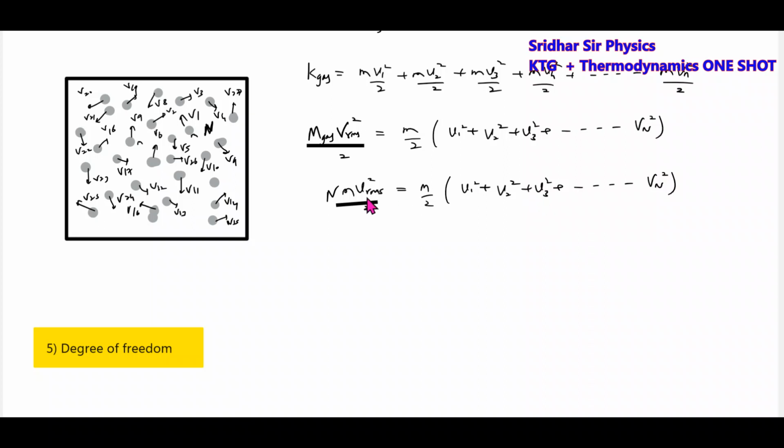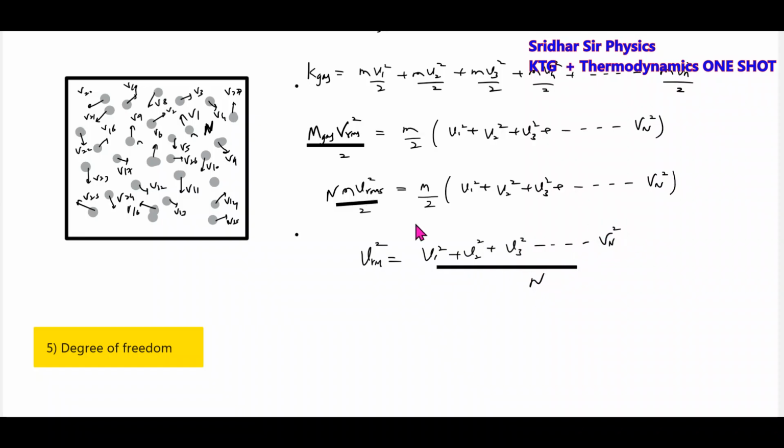Okay, fine. So this m and m get eliminated, and 2 gets eliminated. Vrms square equals V1 square plus V2 square plus V3 square up to n Vn square, divided by n. This will be the RMS speed. So what is RMS speed? It gives us information about the energy of the gas.